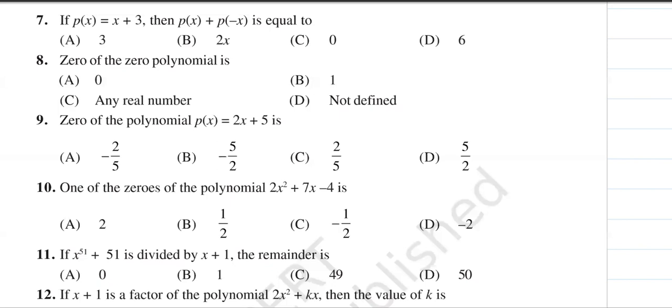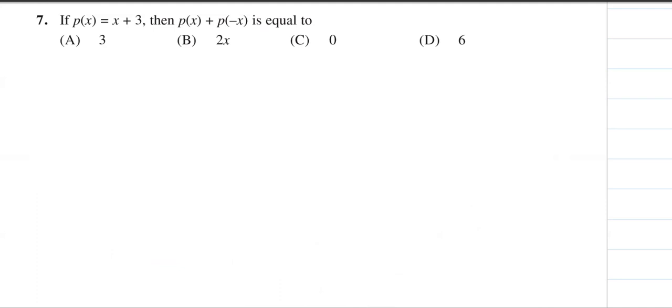Now we are on question number 7. In question number 7, we are given a polynomial p(x) equal to x plus 3. Now the question is, we have to get p(x) and p(-x).